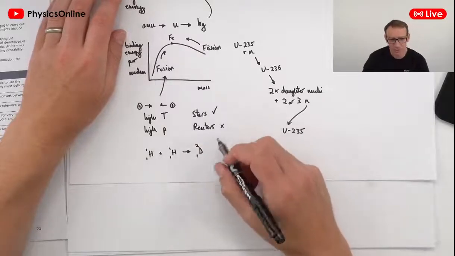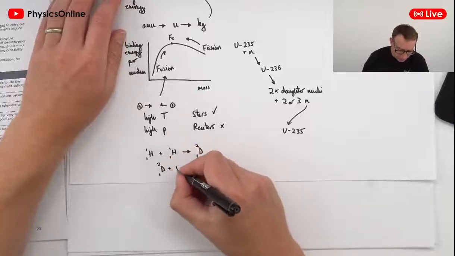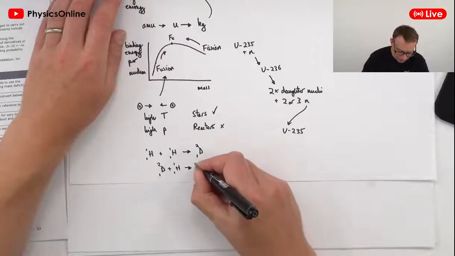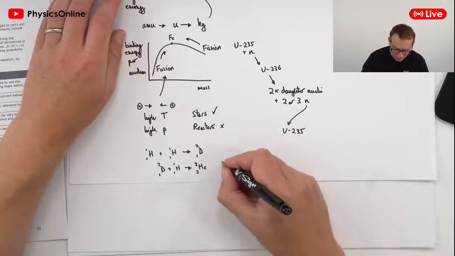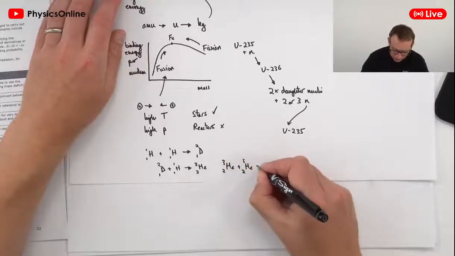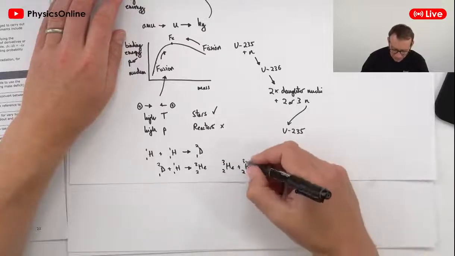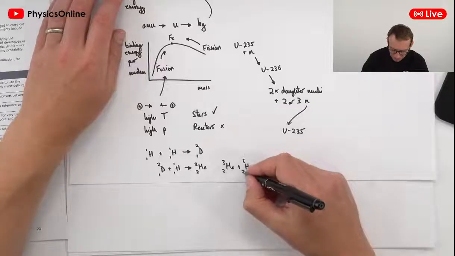And then later on you might get deuterium added to another hydrogen, which makes helium-3. And then it might be that you have helium-3 plus helium-3. Is that right? Oh yeah, sorry, helium-3 plus hydrogen-1.